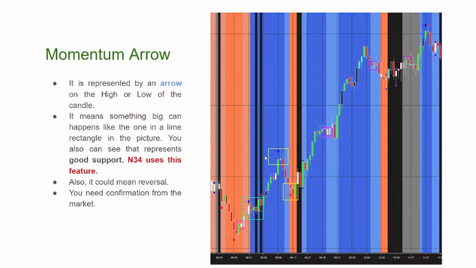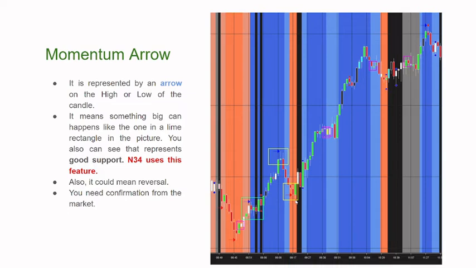What I really like to trade is when the market tests this level. This level means, okay, I want this support and explode. So this arrow means that this price is very important for someone.